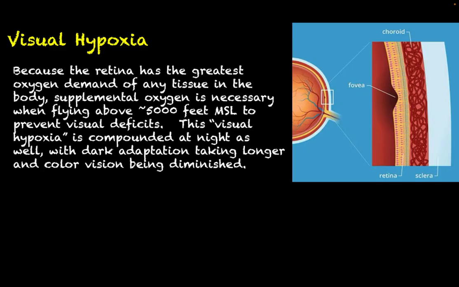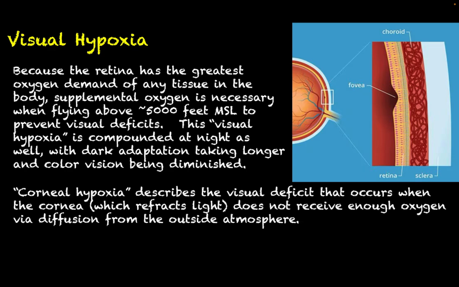And that's because these cells in the retina have such a high demand for oxygen that you'll notice a decrease in their function before you notice anything else. So this is what's sometimes called visual hypoxia, and it is definitely compounded at night because dark adaptation will take longer to occur if those cells are not getting enough oxygen, and color vision will be diminished as well.